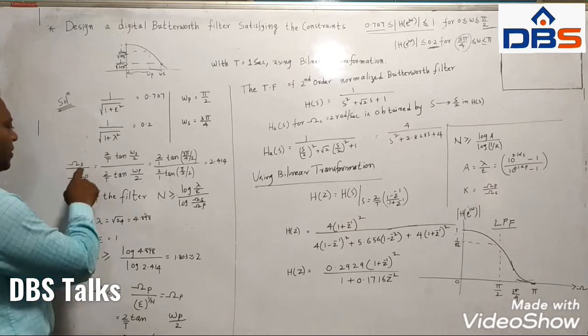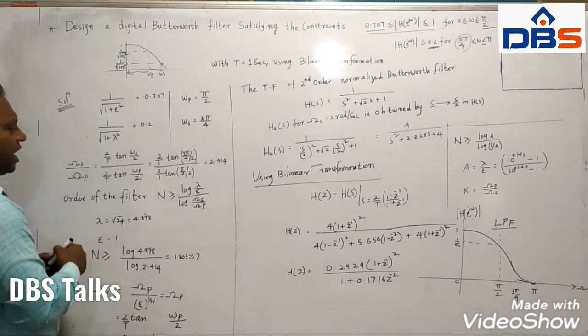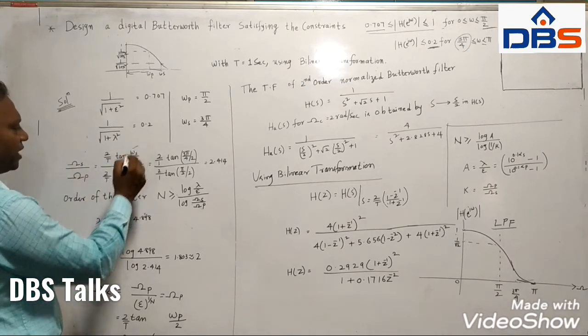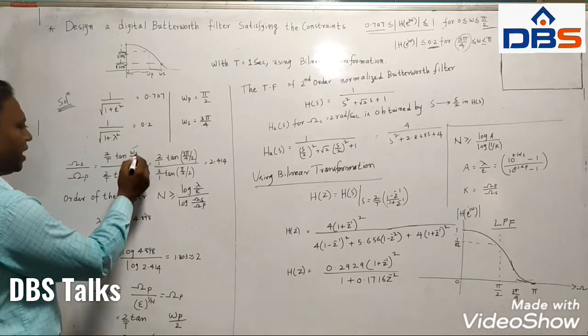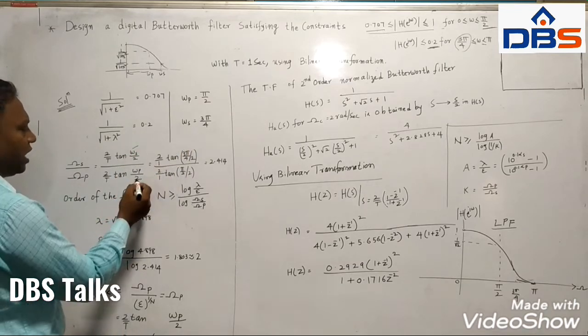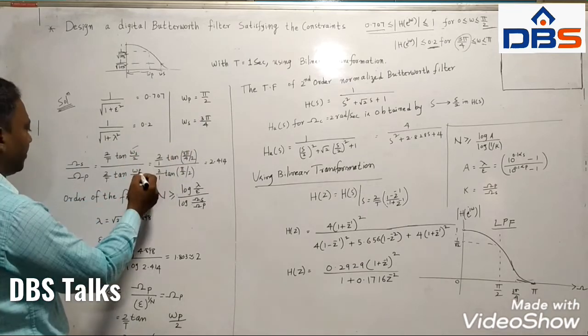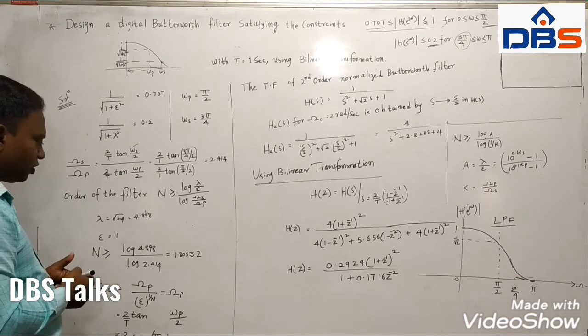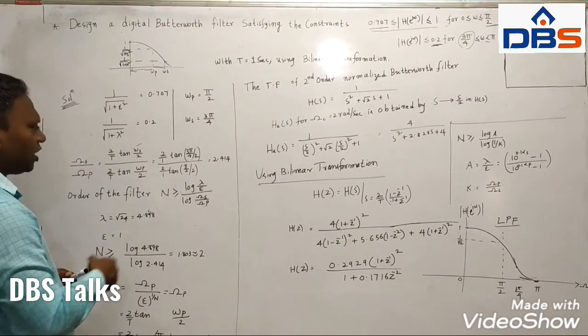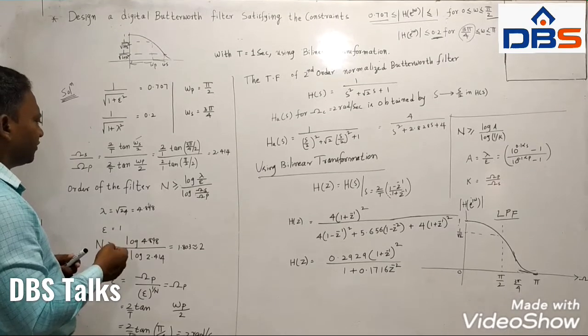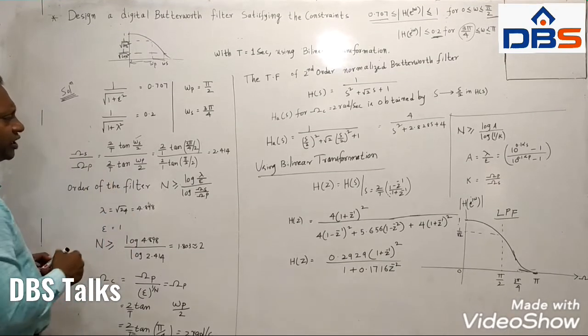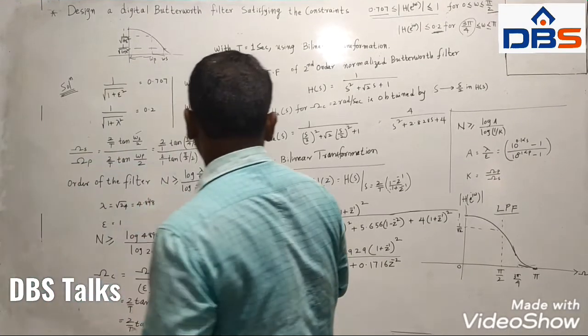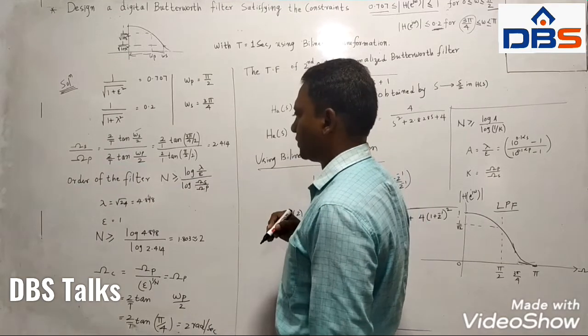We know that omega s is equal to 2 by T tan of omega s by 2, with omega s the stop band edge frequency and pi by 2 the pass band edge frequency. So we have to find the ratio, which gives the stop band edge frequency and pass band edge frequency in the analog domain, because we first have to design the analog filter transfer function.